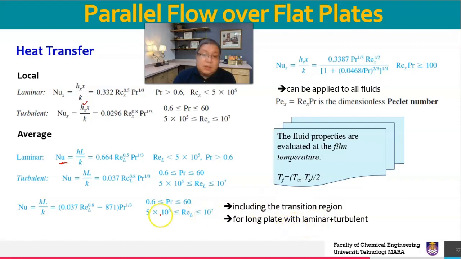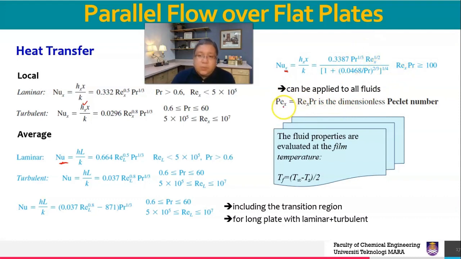And for a long plate, you can apply this equation, and this one can also be applied, but it is much more related to local because they have X here. Then this PEX.